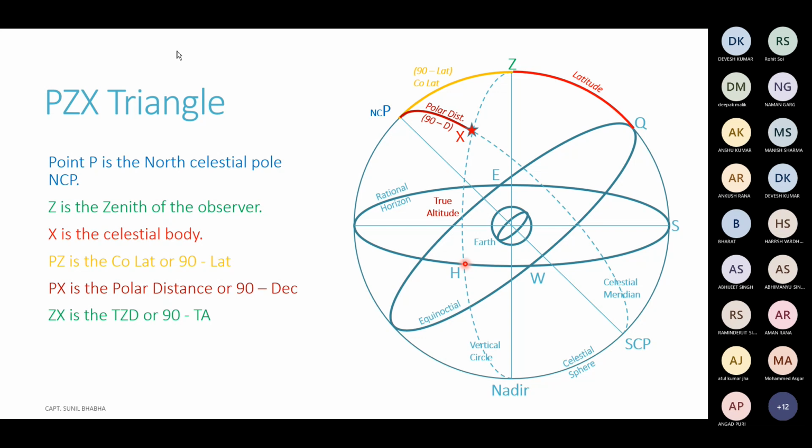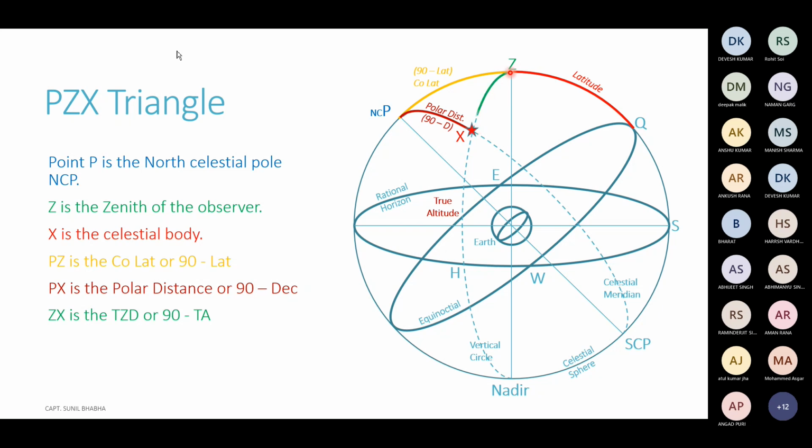And we also know that any point on the rational horizon is 90 degrees away from the zenith. So Z to H is 90 degrees. H to X is equal to the true altitude of the body. This tells us that Z to X will be 90 minus true altitude. And this particular side is known as the true zenith distance of the body.